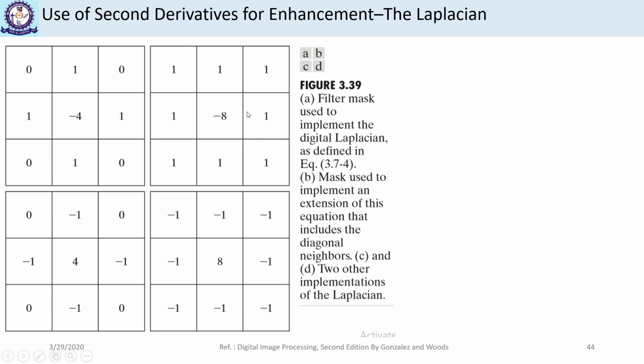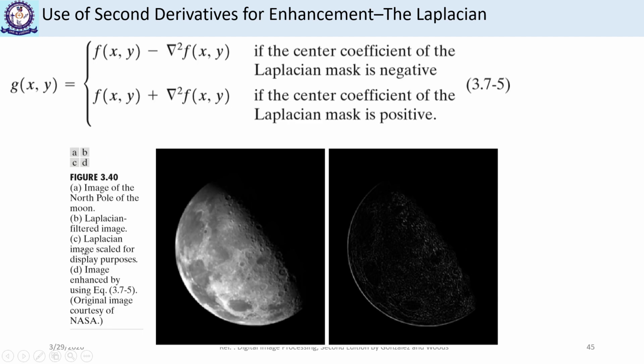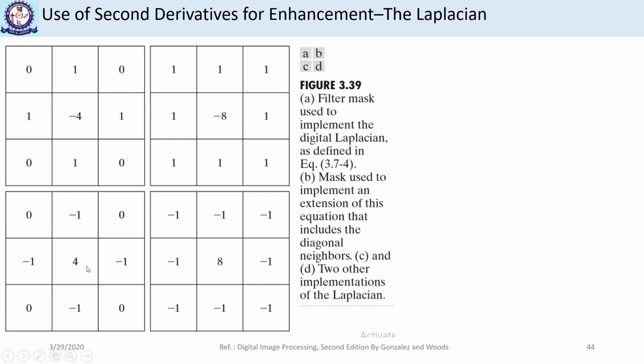So this is the Laplacian filter with 45-degree incremental angle. Now these masks, these filters can also be implemented by using this method. That means your center coefficient is positive and remaining coefficients are negative.